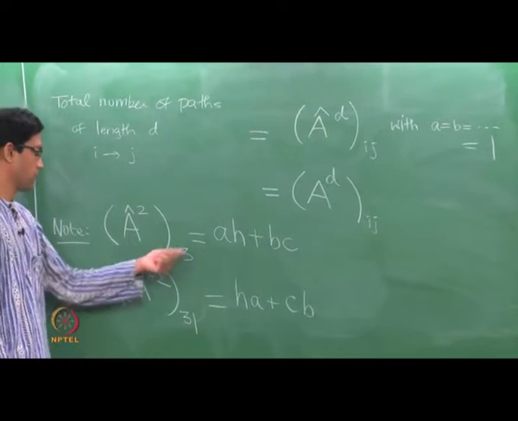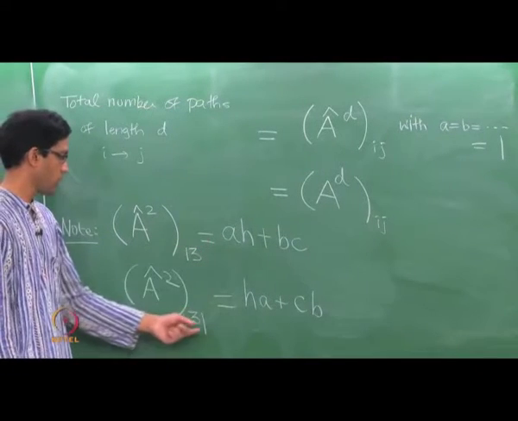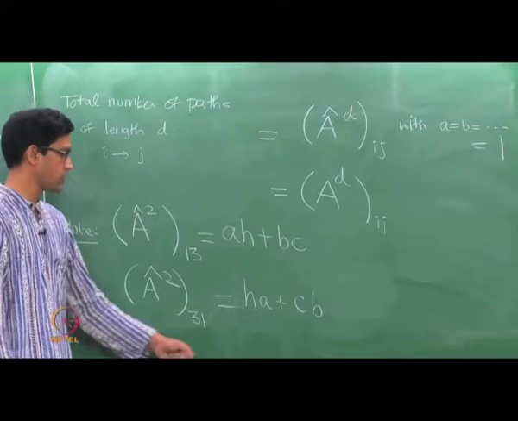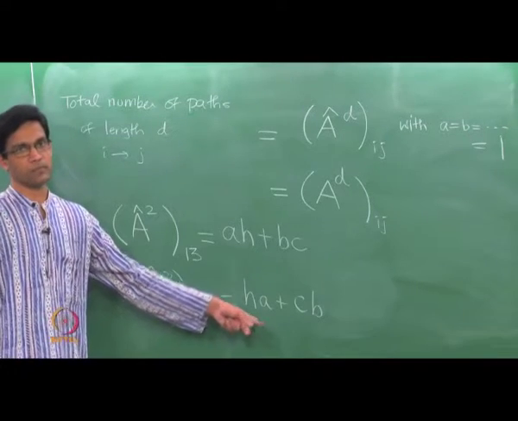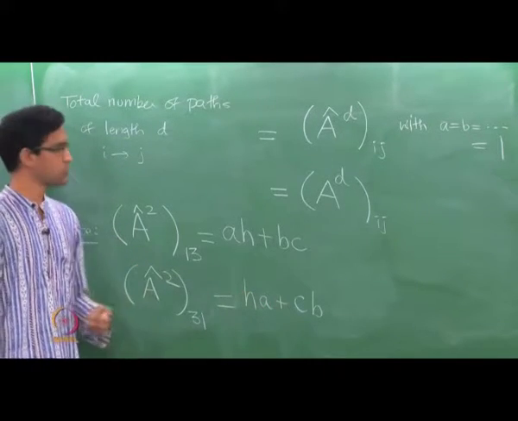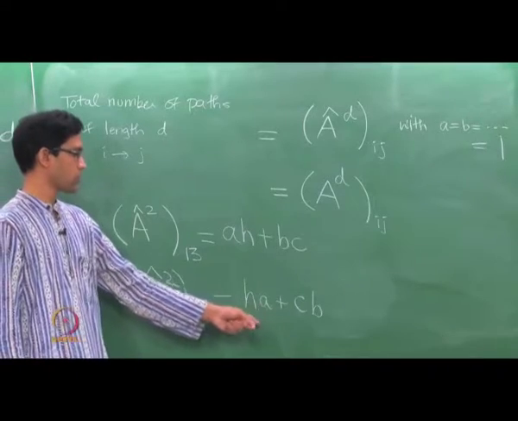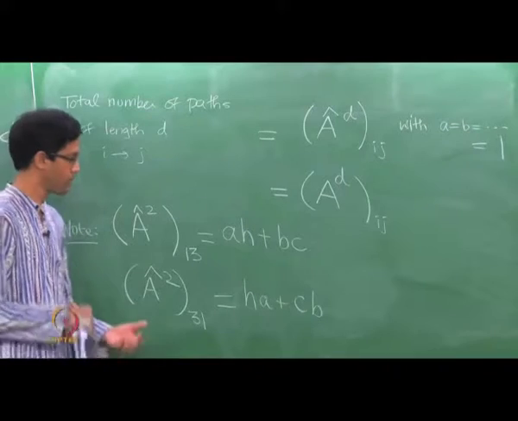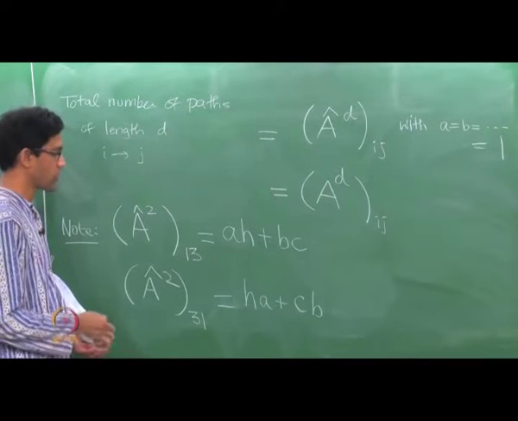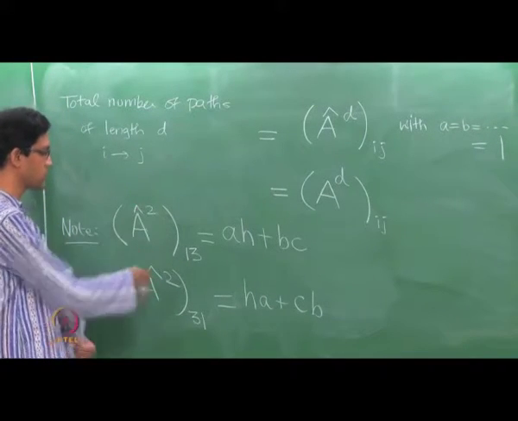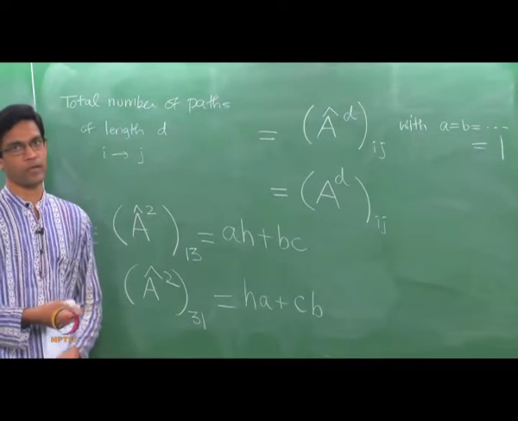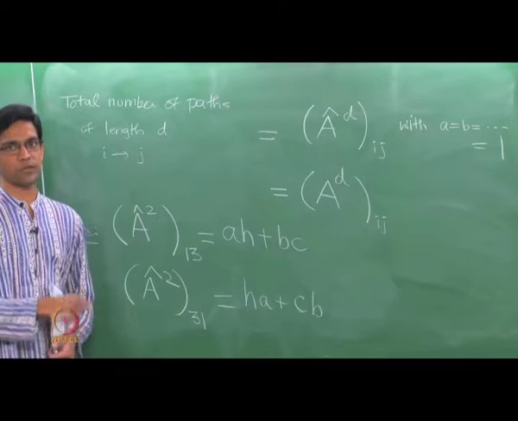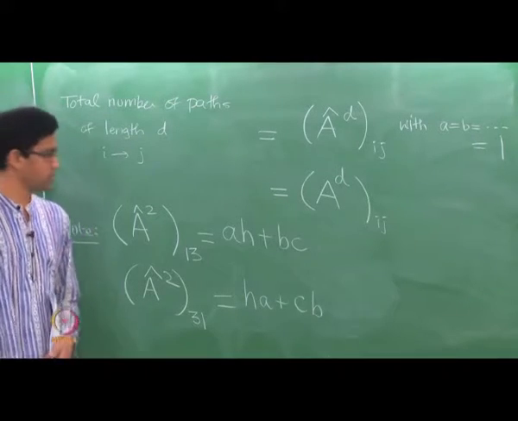The first one, again, is something we already saw, but here's the somewhat surprising thing. If you did it in the other order, and since I'm not allowing the variables to commute, the order is important. Here H will occur first, A next, C first, and B next. And this is not too hard to see why. So it seems as if this matrix is not symmetric anymore. If I do the square, cube, and so on, I will not get symmetric matrices because my variables do not commute with each other.